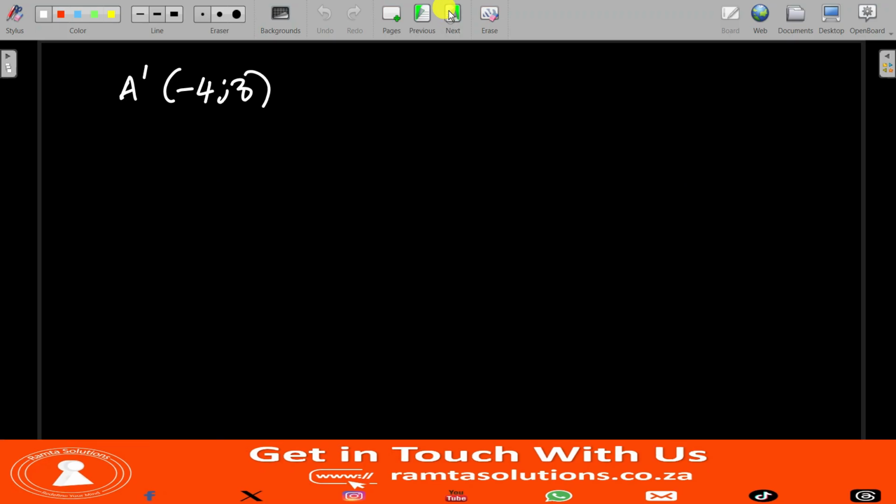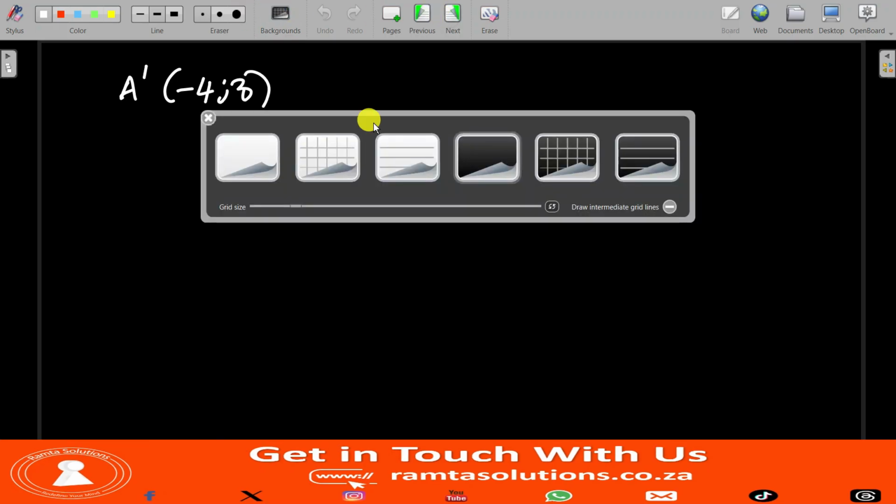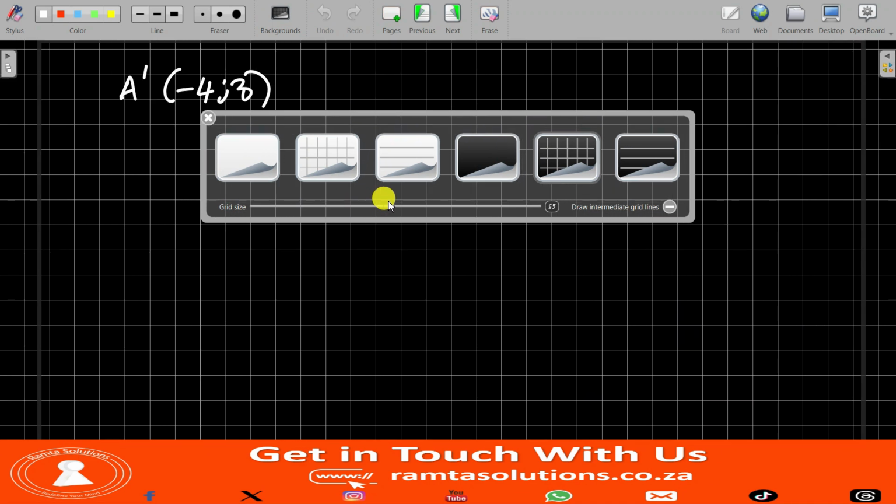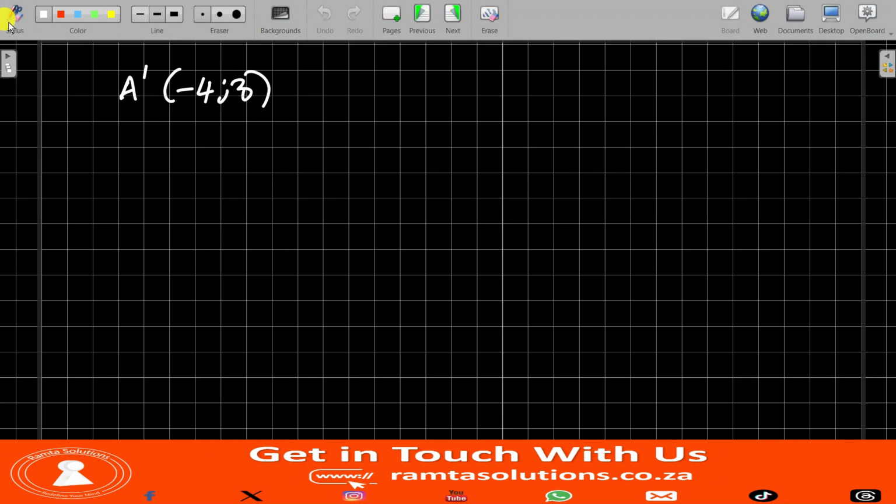Now, let's show this graphically. Even if it's big, it doesn't matter.